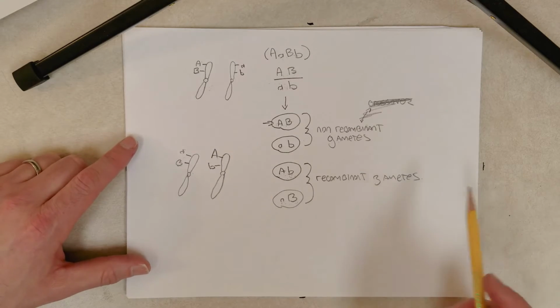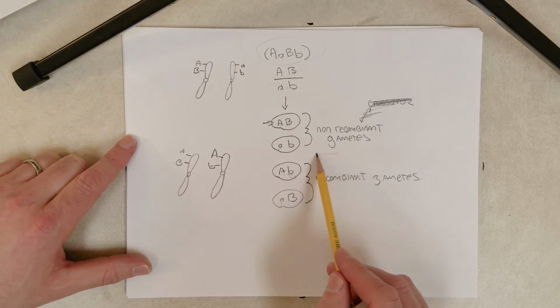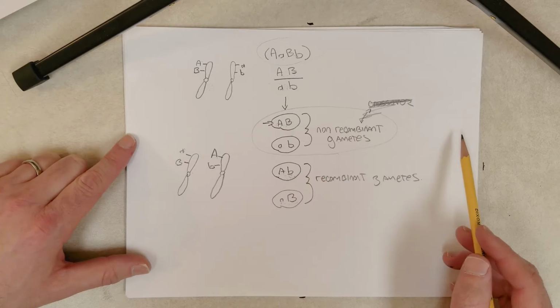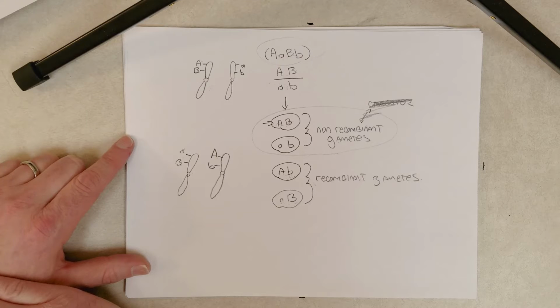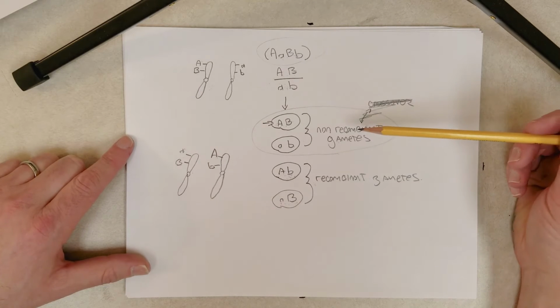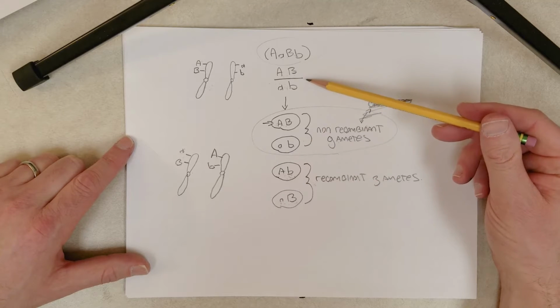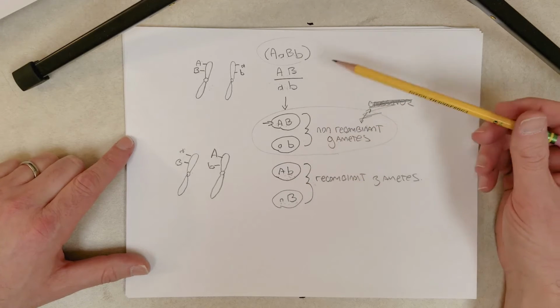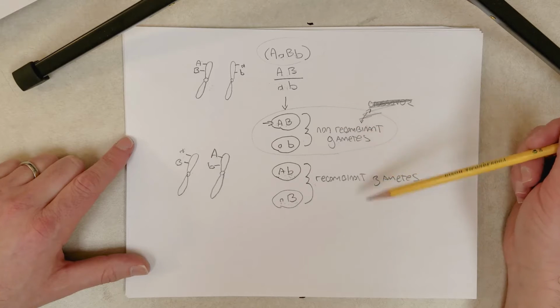As we're going to see, most of the gametes produced by this individual will be non-recombinant gametes. A certain fraction of the time, we'll get recombinant gametes produced. So our first question is, of all the gametes that this individual will produce in its lifetime, what is the ratio of non-recombinant gametes to recombinant gametes?